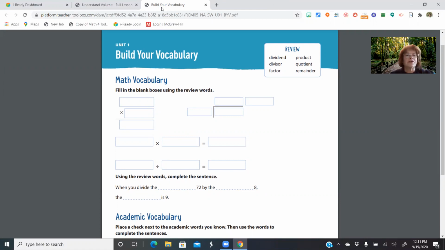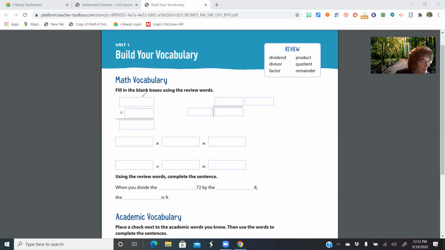All right, we're going to talk a little bit about math vocabulary, which is going to be extremely important. We're going to be using these words all the time in math for this whole year. So I want you to be ready for that. Let's choose a color. All right, fill in the blank boxes using the review words.